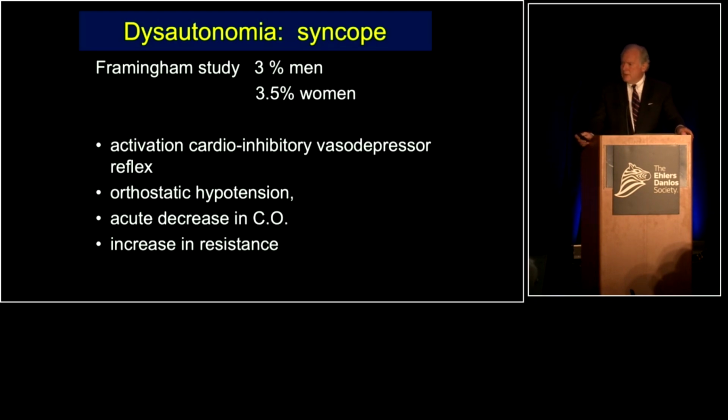The Framingham study in Connecticut found that 3% of men have syncope and 3.5% of women will have syncope at some point in their life. This is all men, all women. And it's due to activation of an inhibition vasodepressor reflex, and also due to orthostatic hypotension or acute decreases in cardiac output or increased resistance peripherally.